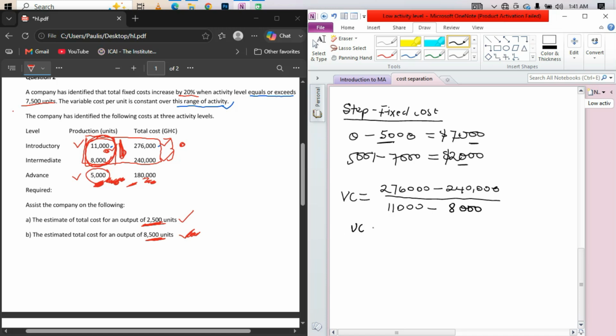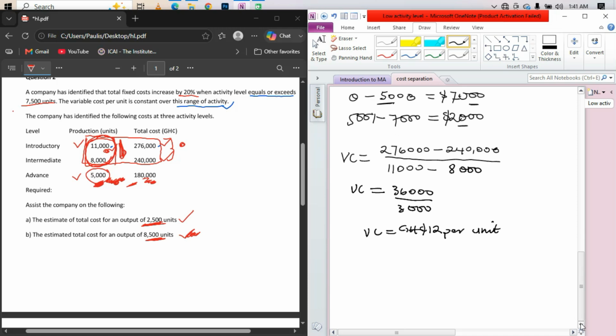So my variable cost is equal to 12 cedis per unit. So the variable cost per unit is 12 Ghana cedis.